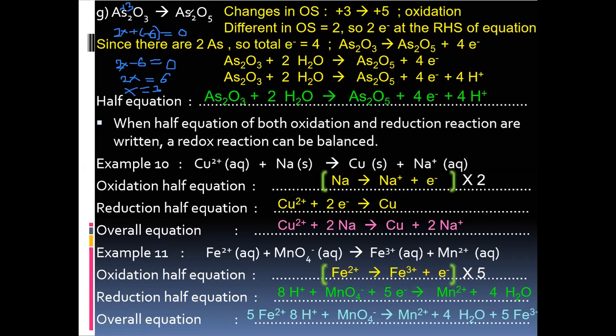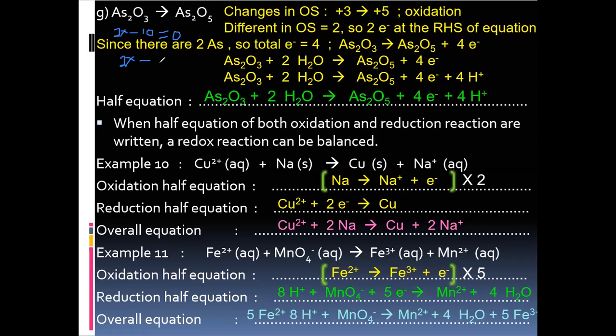So we will also do the same thing to find out what is the oxidation state of arsenic on the other hand. To do that, we still have 2x. We have 2x plus, this time around, -2 times 5, which is -10. If we take it to the other side, our 2x will be equal to 10.